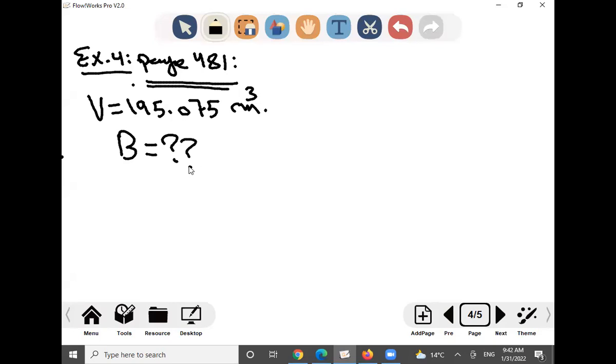But what is the height of this trapezoidal prism, which is given? What is the height? 7.65. The height connects the two bases. You understand me? How do we know the height? If you have two bases, the height connects between them.